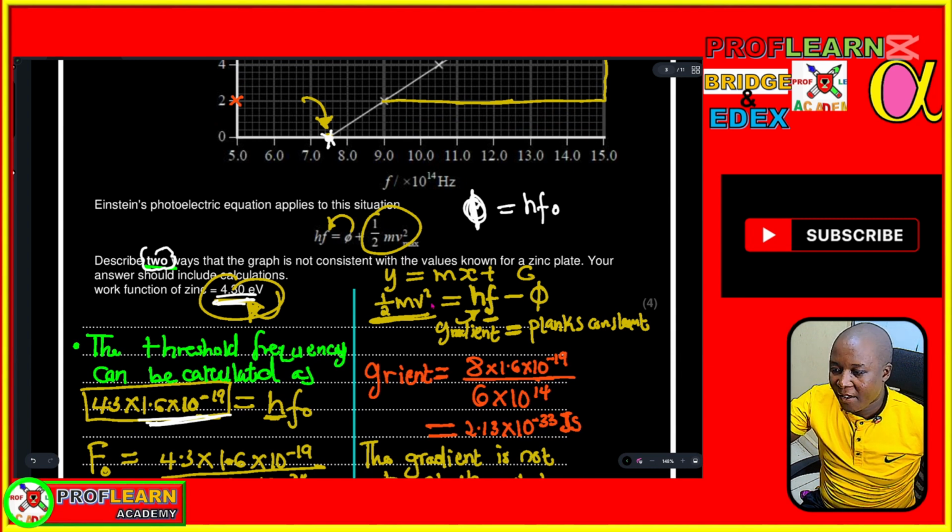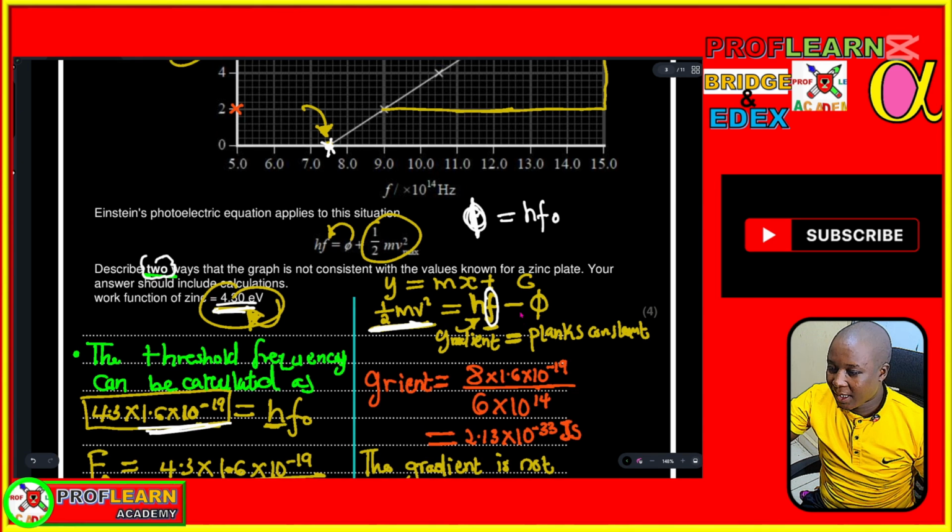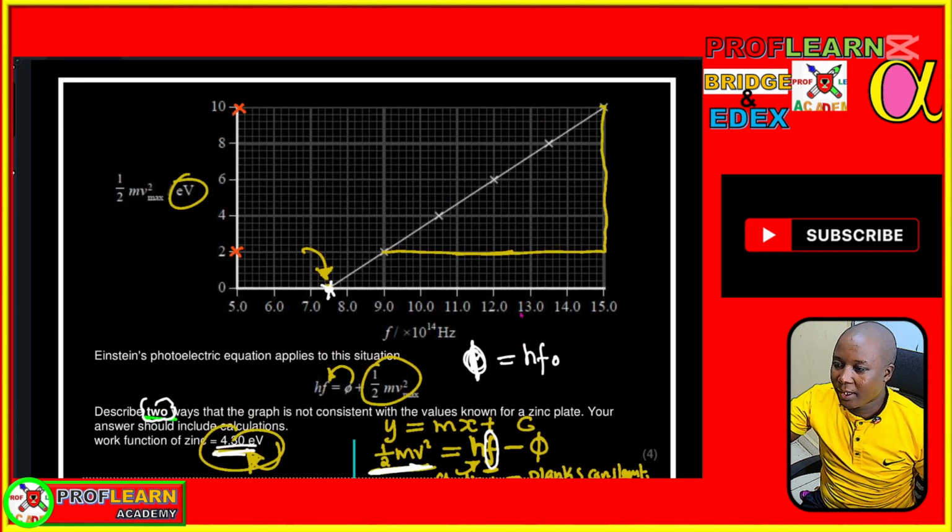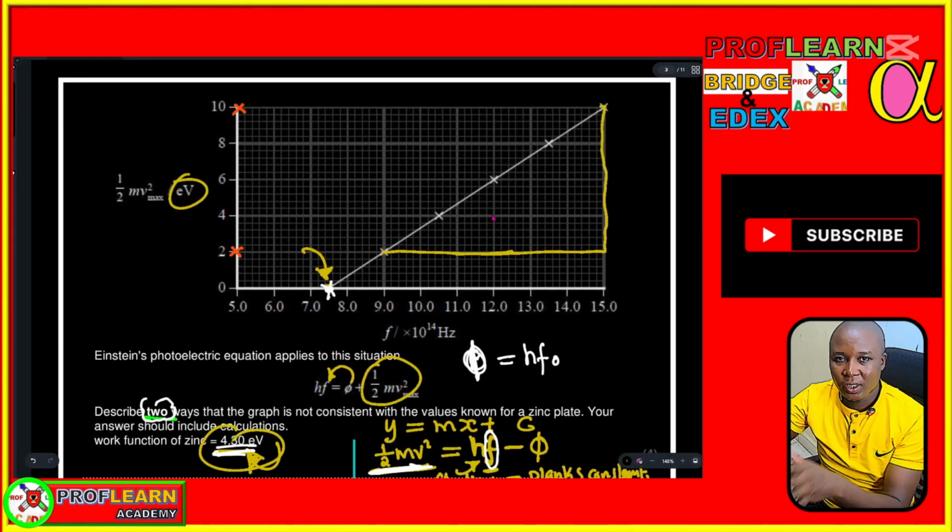Now, if you relate this equation with the equation of a straight line, y equals mx plus c, this is the y value on the y-axis, and since the graph is plotted against frequency, this is the x values, then h is going to represent Planck's constant. So what does that mean? If you work out the gradient of this graph that is drawn there, it should give you Planck's constant.